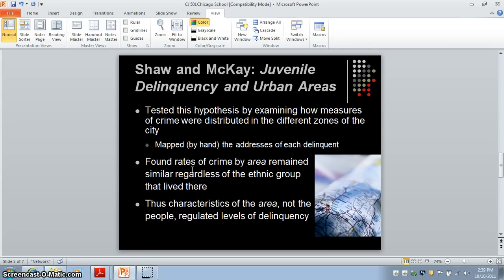Whenever one hears about Shaw and McKay, the term neighborhood disorganization almost immediately comes to mind, as it probably should. They define this as the breakdown of social institutions in a community. And when informal controls break down, this fosters criminal behavior because conventional institutions become weak.